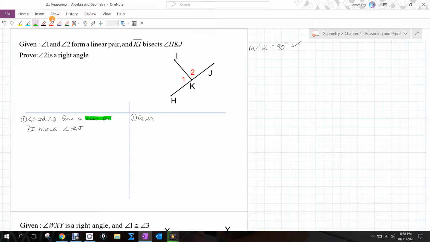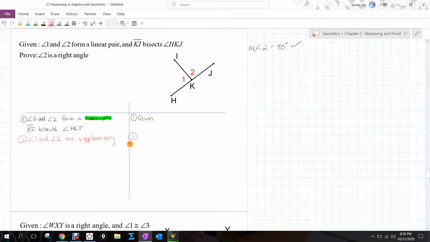Linear pair is a vocabulary word, okay? Now linear pair is a little bit different of a vocabulary word than most that we see in proofs. It's the one that you're really never going to say definition of a linear pair over here. But what angle 1 and angle 2 allow me to do, if I know they form a linear pair, is say that angle 1 and angle 2 are supplementary.